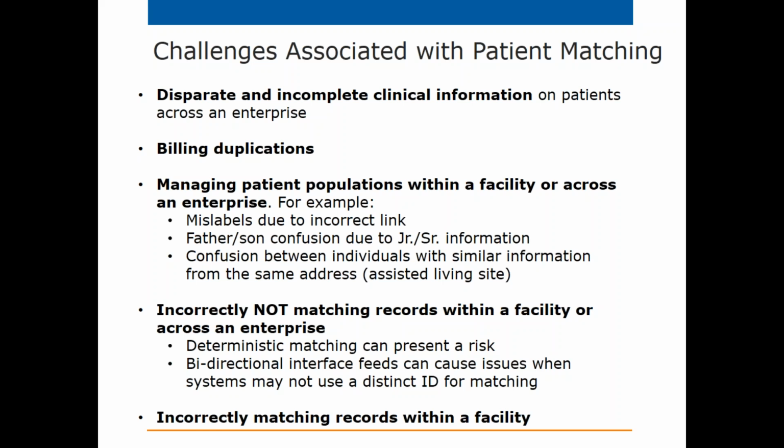And then incorrectly matching records within your facility. You want something that's going to help you identify overlays in that particular instance. So if you can find the same MRN and someone has entered information that is very different than what it was previously, it could have been just a mistake. For example, someone might have brought up my name, and my wife is going in for a visit, and they were looking up an address, and then they turn around and type her information over my information.